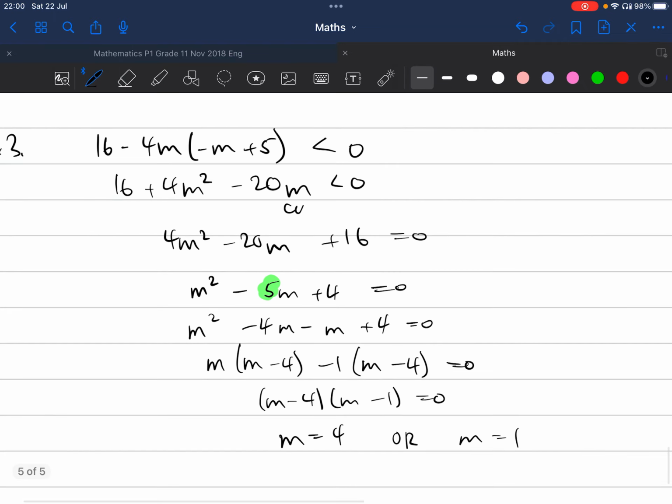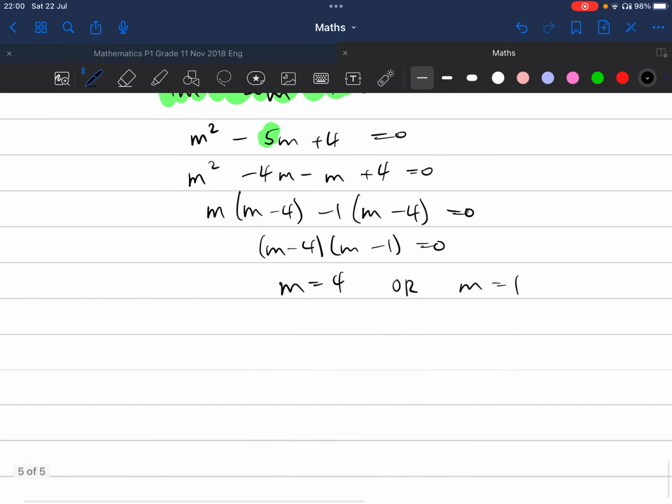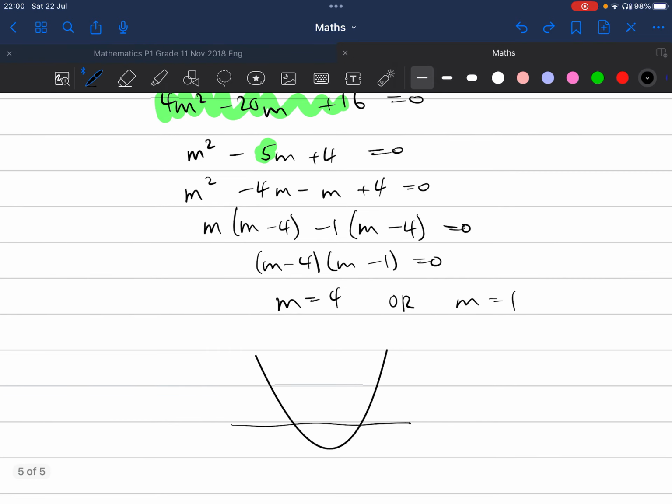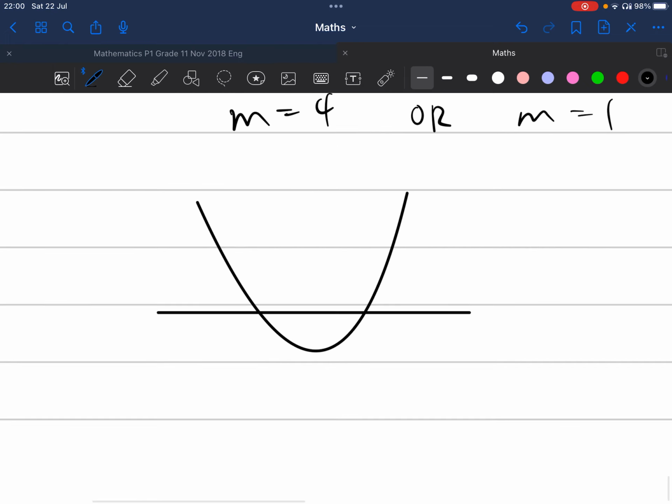Now again, let's look at this here. What is this? This is an upwards facing parabola. Okay, it's a concave up parabola, right? Because I have a positive coefficient of m squared. Okay, let's drop in our x-axis. And again, where is it equal to 0? When we are at the x-intercept, right? So this is at 1, this is at 4.